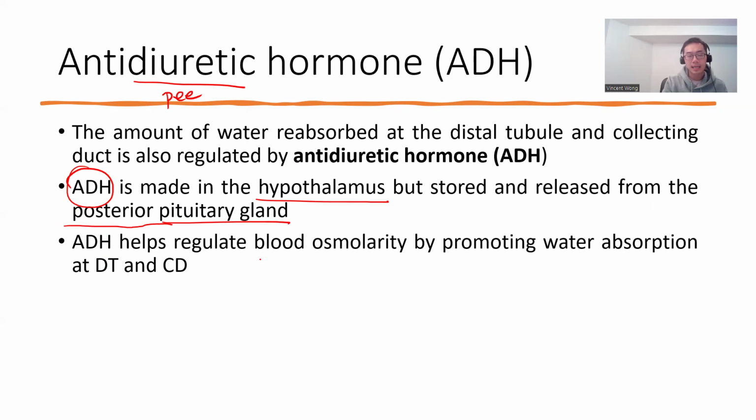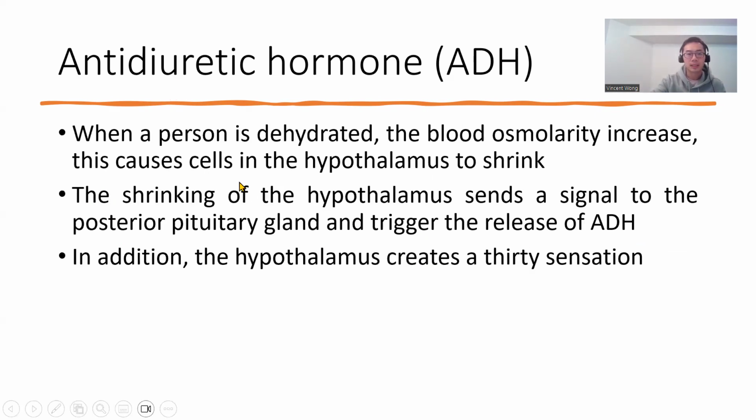What it does is it helps control the blood concentration by absorbing water. If your blood is too concentrated, then you need to absorb water, right? So when a person is dehydrated, the blood osmolarity increases. So look, this is the hypothalamus.